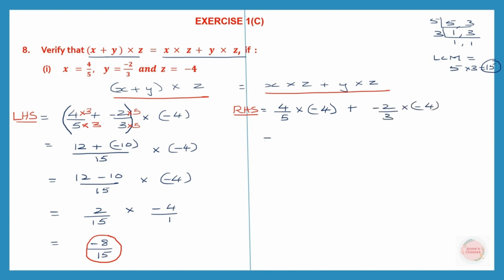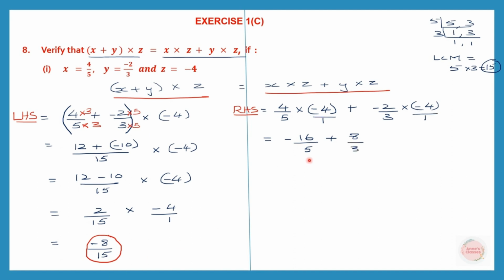So here we need to work out. So this will have the denominator 1, nothing to cancel. So multiply the numerators. 4 into minus 4 is minus 16 by 5 into 1 is 5, plus minus 2 into minus 4. Minus into minus is plus. 2 4s are 8. And here let's give it the denominator 1. So 3 ones are 3.